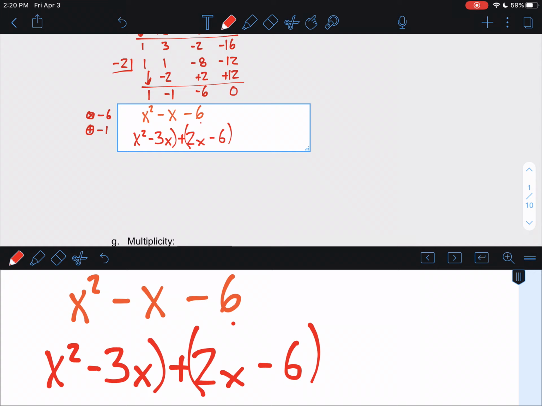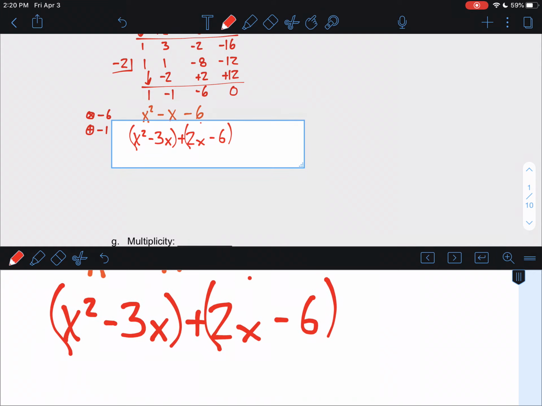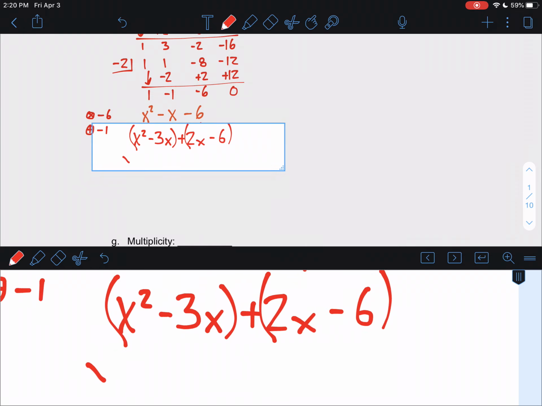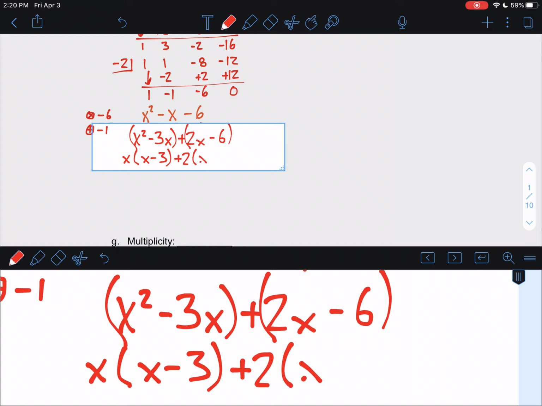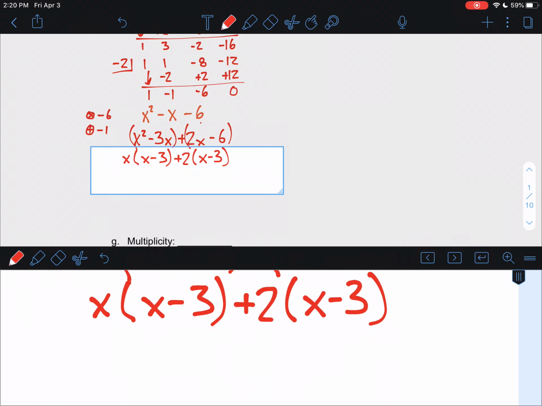Then I group. x squared minus 3x, the GCF is going to be x. And I'm left with x minus 3. And then 2x and negative 6, I pull out a 2. And I'm left with x minus 3, which leaves me with x plus 2 times x minus 3.